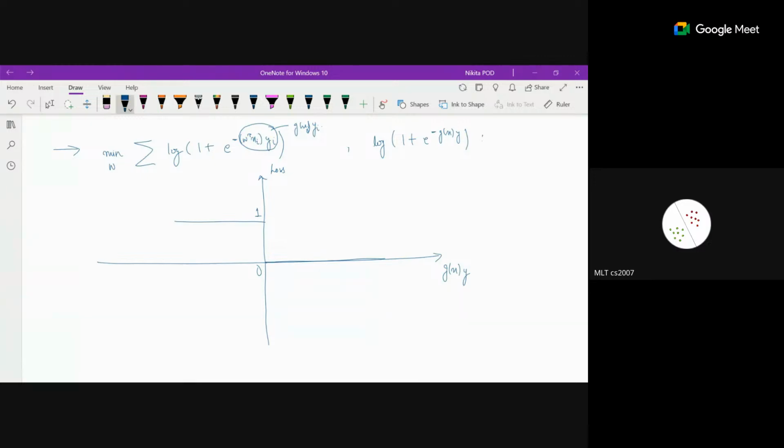And this loss, we are calling it as a logistic loss. This loss is called as logistic loss. And it will look something like this curve. Something like this.